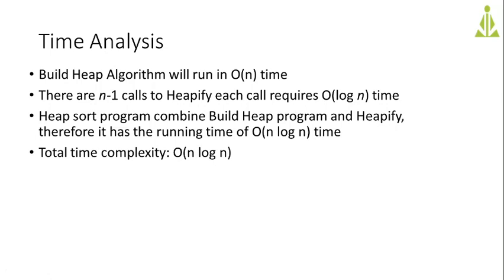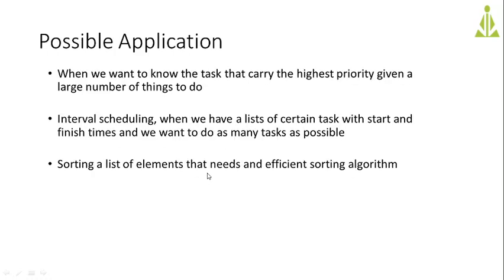So what is the time complexity of heap sort? The total heap sort complexity is order of n log n. Next, what are the possible applications? When we want to know the tasks that carry the highest priority given a large number of things to do, at that time we will use this.